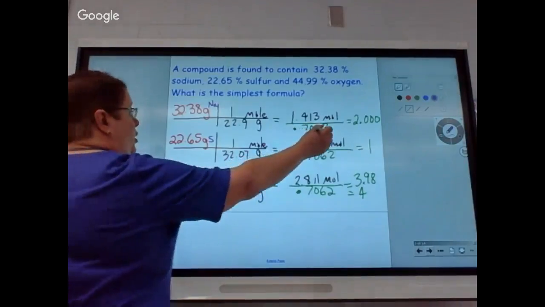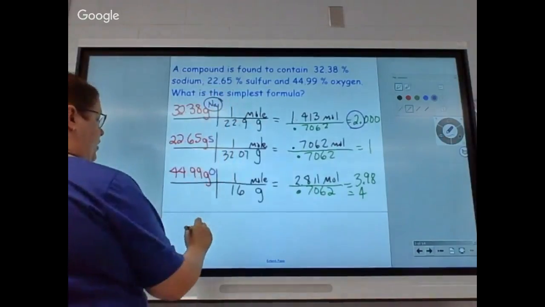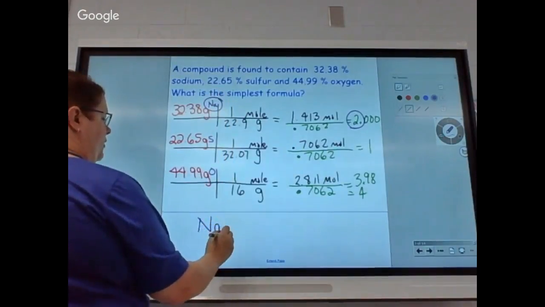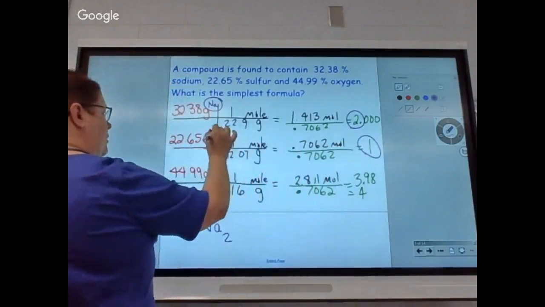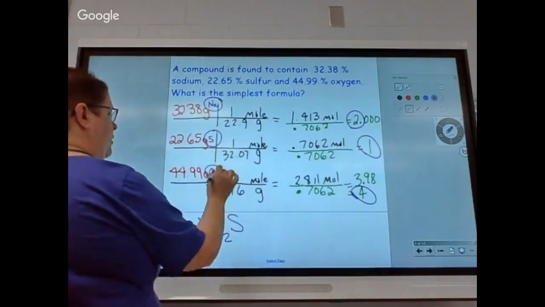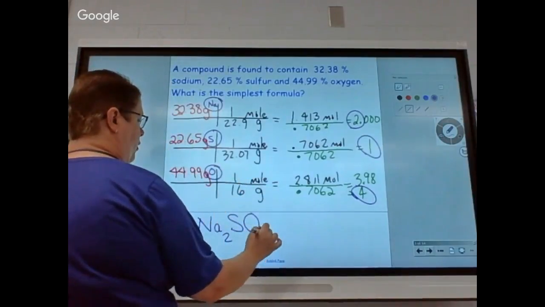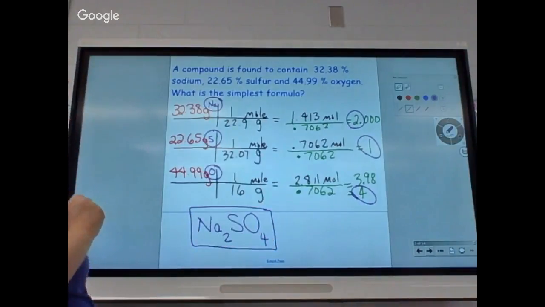So this 2 goes with Na. So Na has a subscript of 2. The 1 goes with sulfur, and the 4 goes with oxygen, so oxygen has a 4. This is your empirical formula.